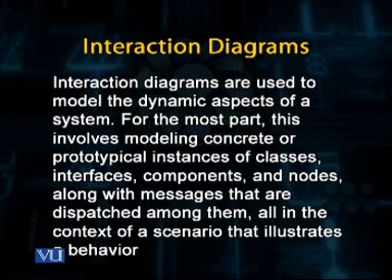Interaction diagrams, as I have said, are used to model the dynamic aspects of a system. For the most part, this involves modeling concrete or prototypical instances of classes, interfaces, components, and nodes, along with messages that are dispatched among them, all in the context of a scenario that illustrates a behavior. So you have a number of elements in a system that can be, for example, a class, an interface, a component or a node.